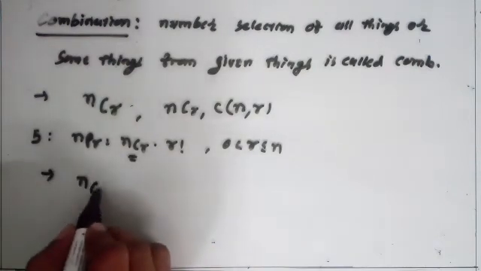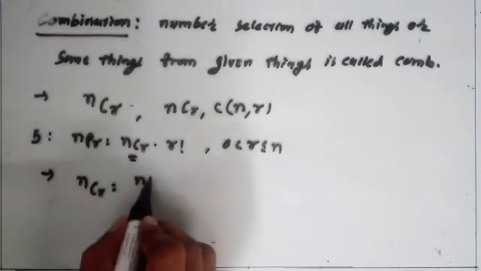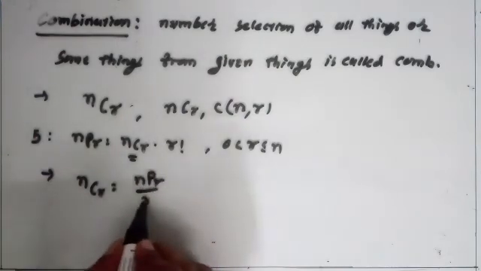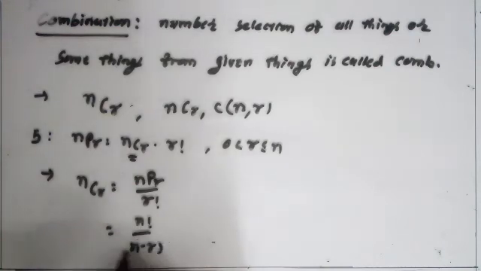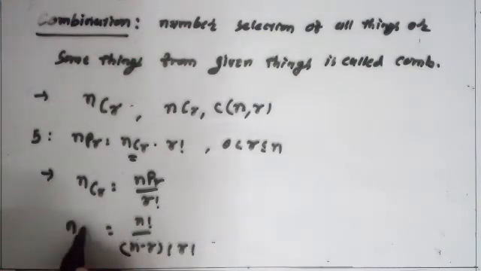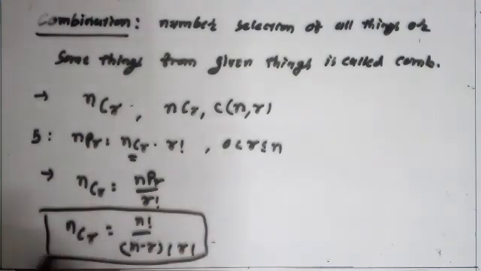So nCr is equal to nPr upon r factorial, and we know that nPr is equal to n factorial upon (n minus r) factorial. So remember this formula of nCr: nCr is equal to n factorial upon (n minus r) factorial into r factorial.